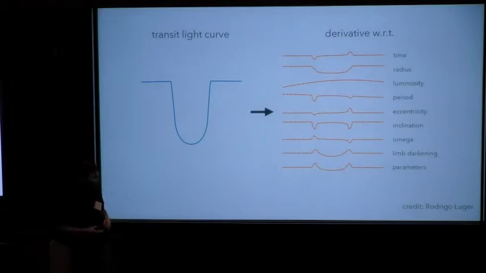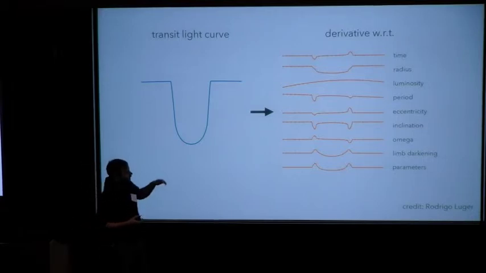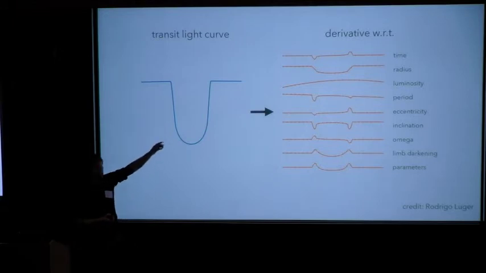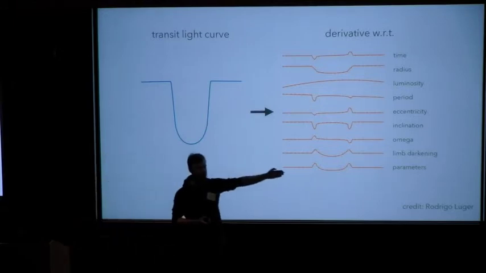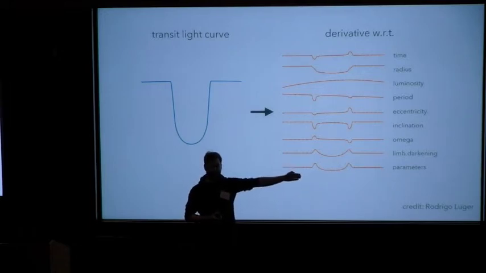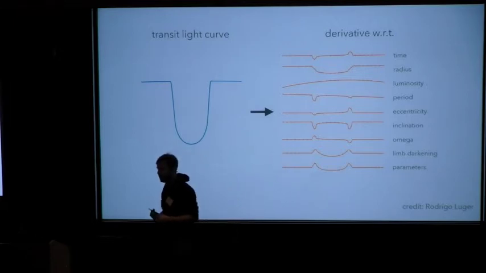And here's an example that Rodrigo Luger made as part of his STARRY project for computing the models that we need for transit light curves. And here I have an example of a model for a transiting planet. And here are some of the derivatives that I would be interested in computing, with respect to all the physical parameters of my system. So those are some examples of the things that I would want to compute.